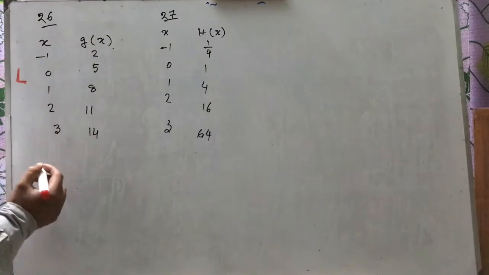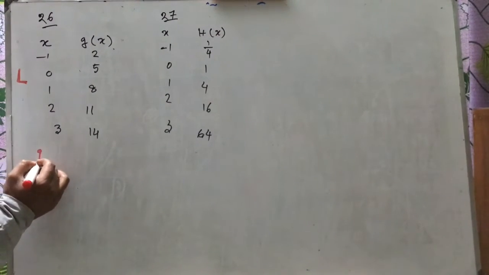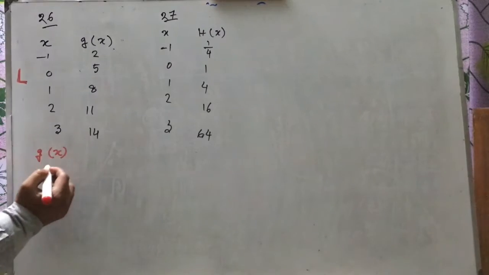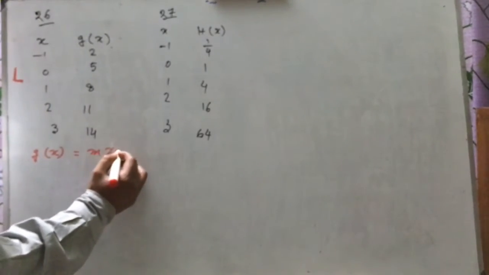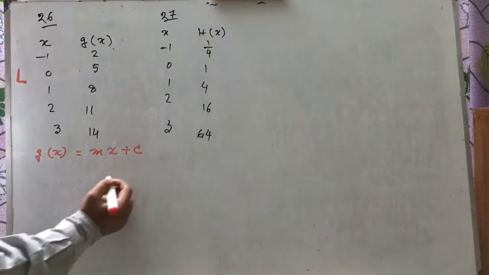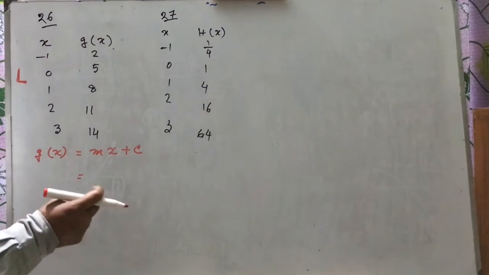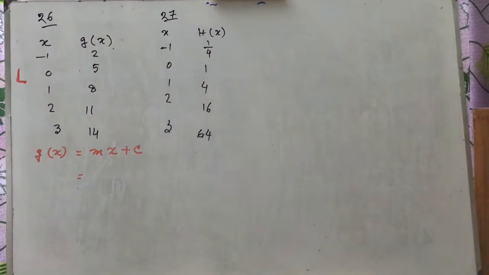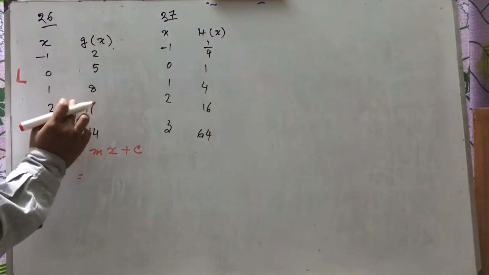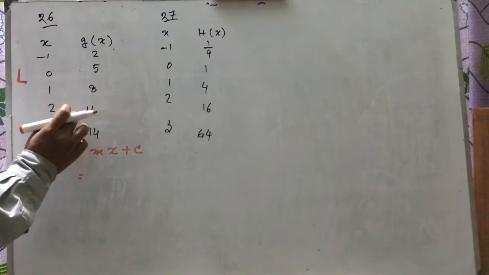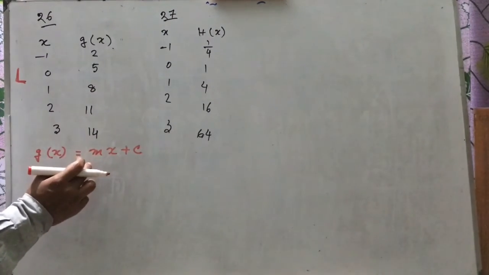The linear function is defined as, suppose I define a function g of x, then y equals mx plus c. Here m is the common difference, or you can check with some pair of numbers: y2 minus y1 divided by x2 minus x1 is m.